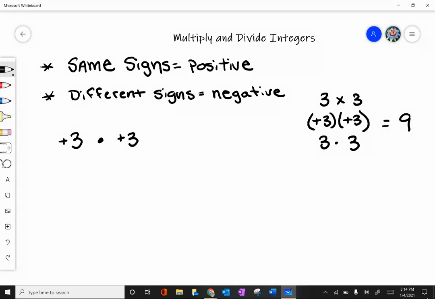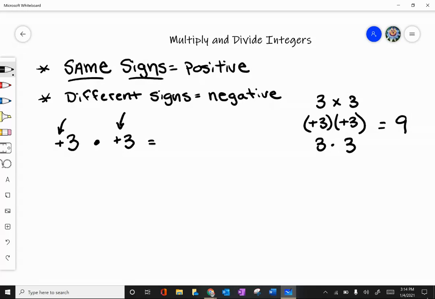So when they have the same signs, which the sign is whether it's positive or negative, they have both positive signs, so the answer will be positive. So 3 times 3 is 9, and that is positive 9. I'm just writing it so that we see that the answer is positive.